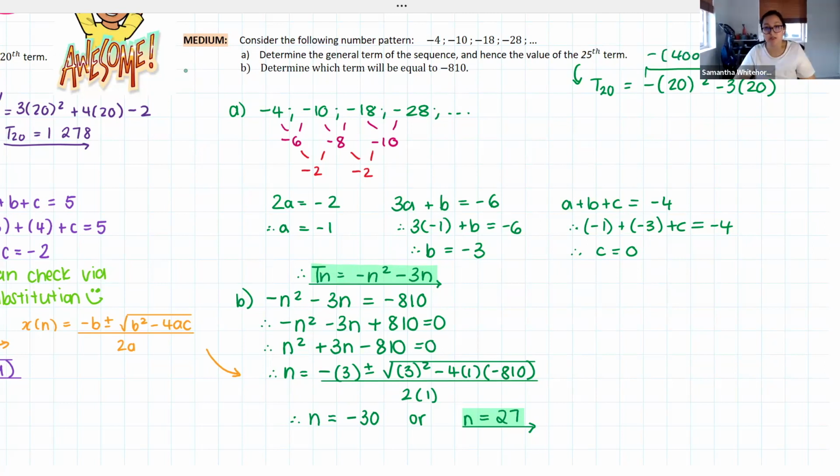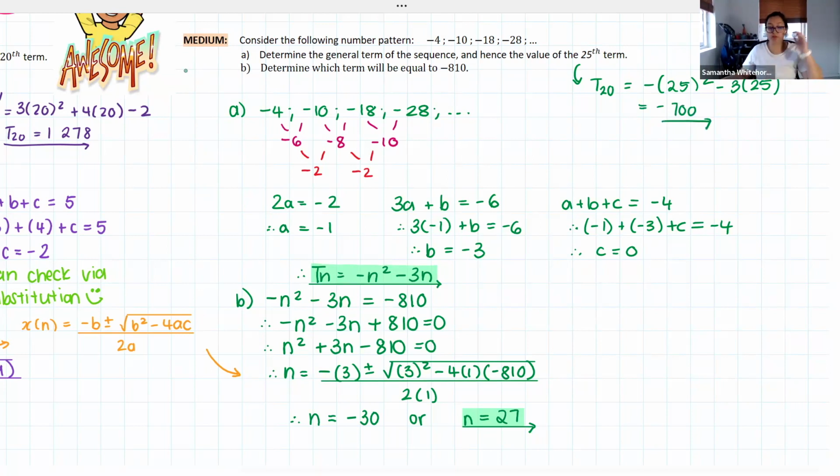If we mess up our negative, it's going to give us a weird answer, because we know that when we square a negative, we get a positive. So the 25th term here is equal to minus 700.